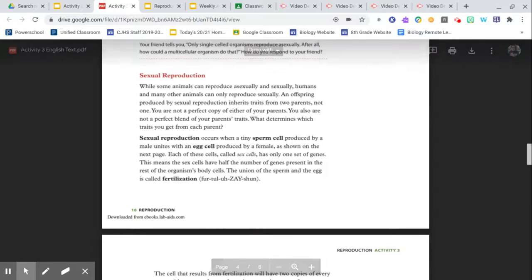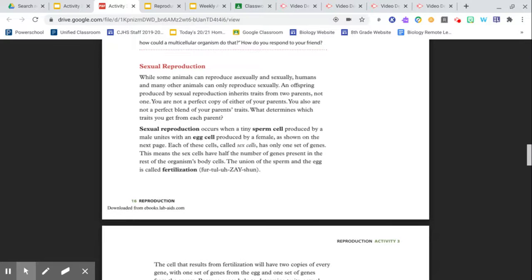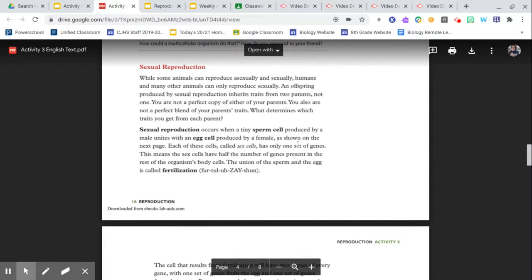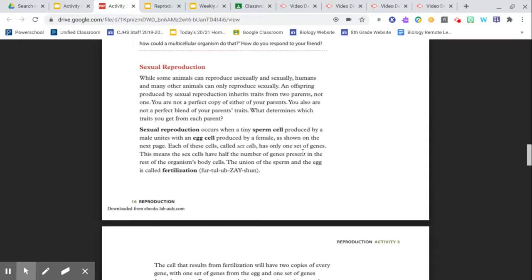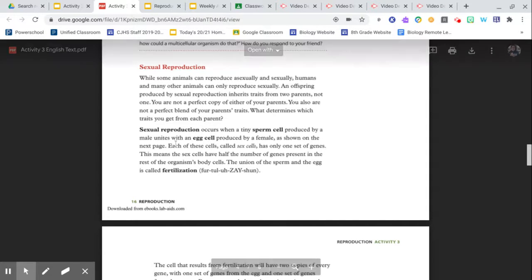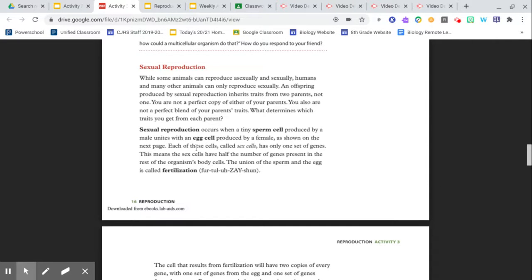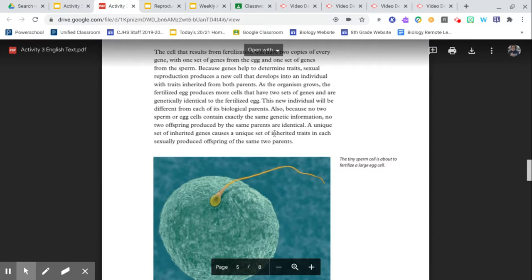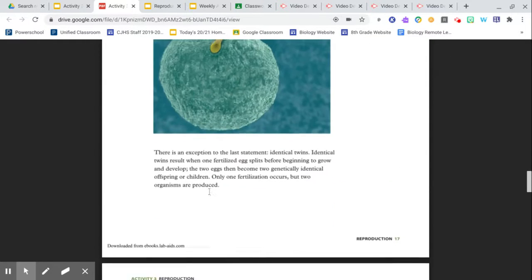What determines which traits you get from each parent? Sexual reproduction occurs when a tiny sperm cell, side note, put your mature hats on now. Let's go back. Produced by a male unites with an egg cell produced by a female, as shown on the next page. Sperm, egg.